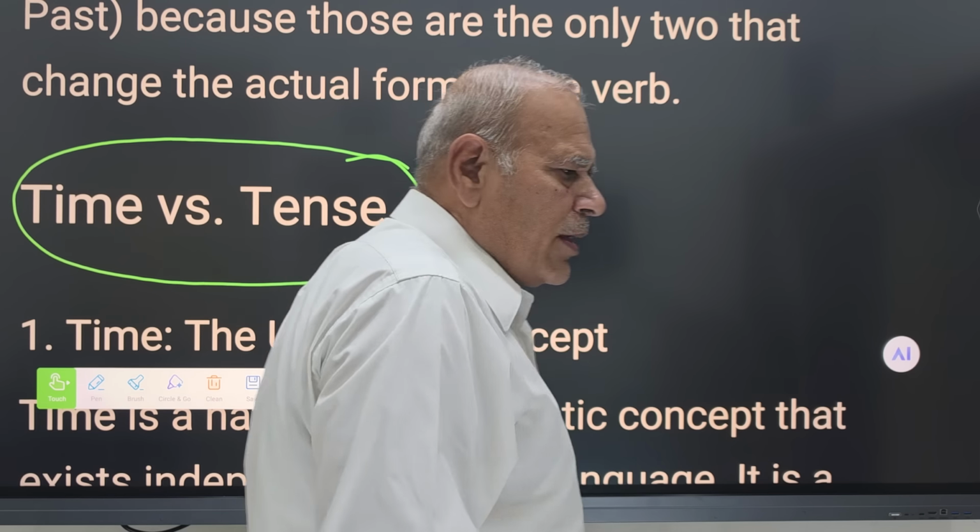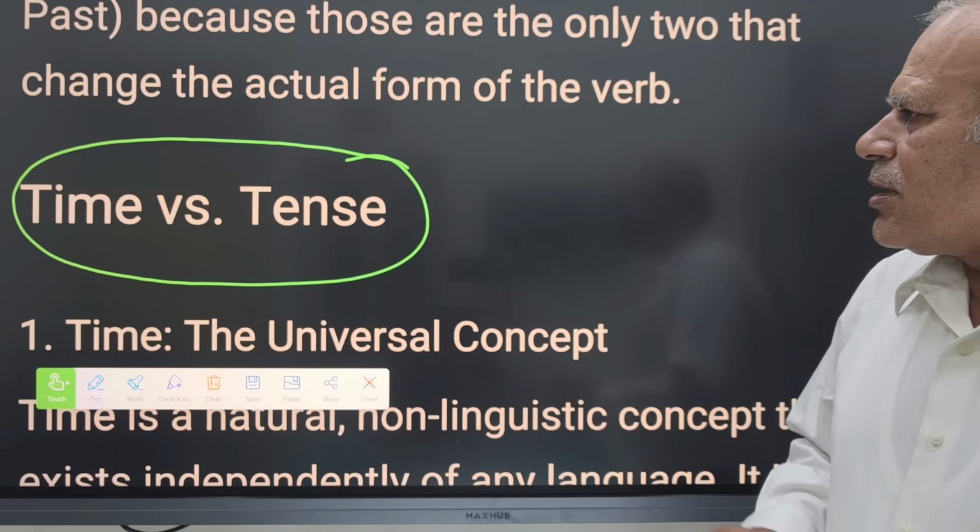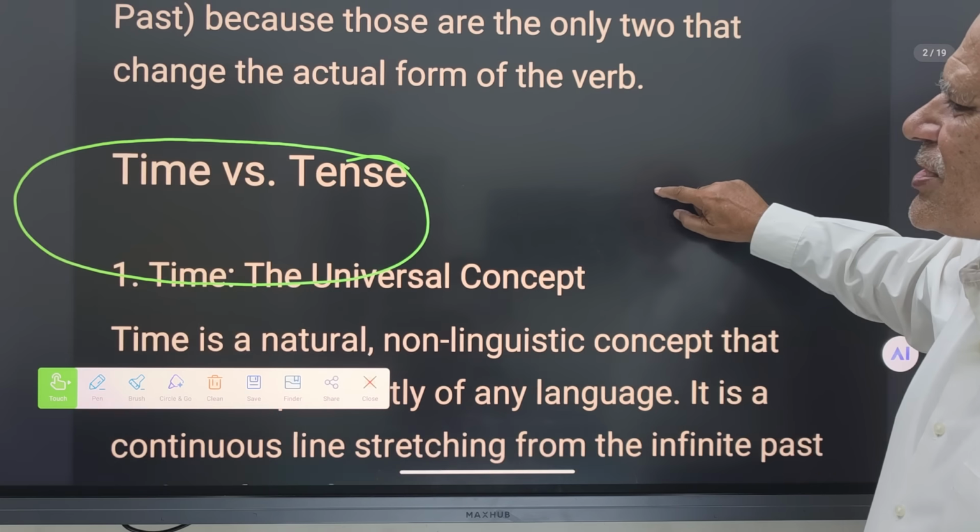So the first point is time versus tense. So what is time versus tense? See, time is a universal concept. Time is a natural non-linguistic concept that exists independently of any language. It is a continuous line stretching from the infinite past to the infinite future.